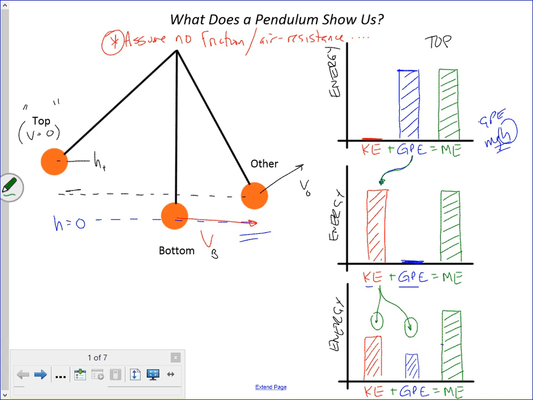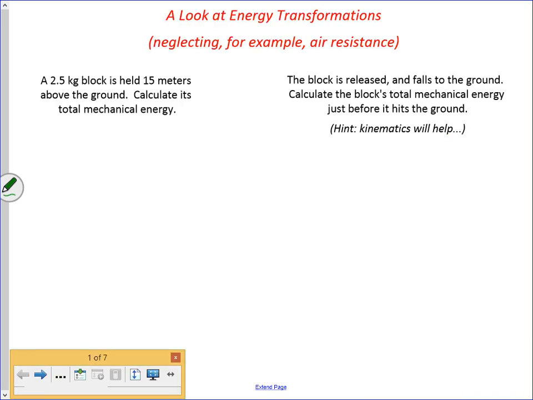But the big deal here is, you only looked at two instants, top and bottom, but what you should have seen, at least in some trials, is that the total amount of mechanical energy stays constant.